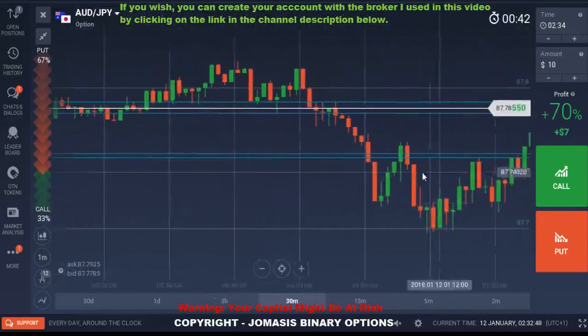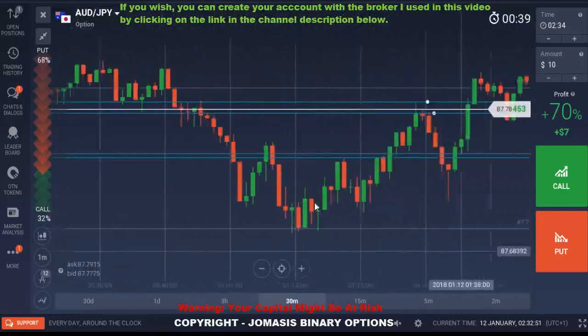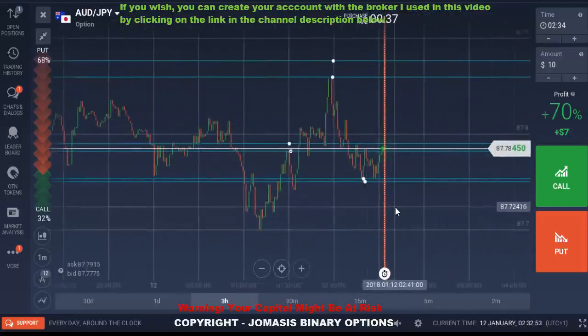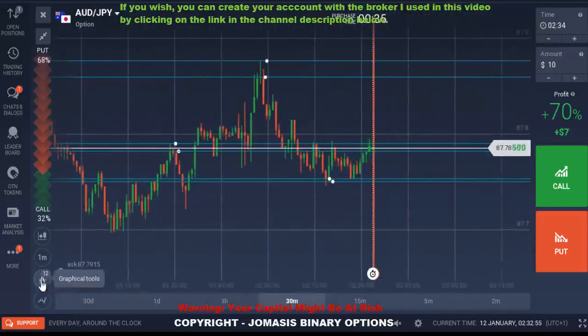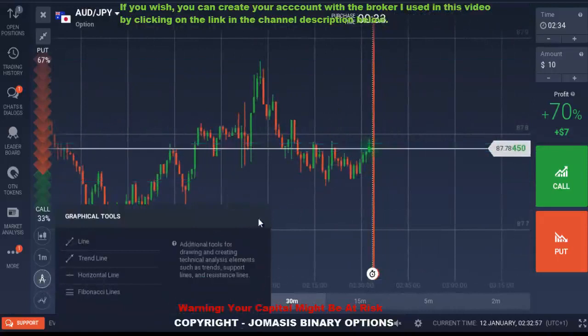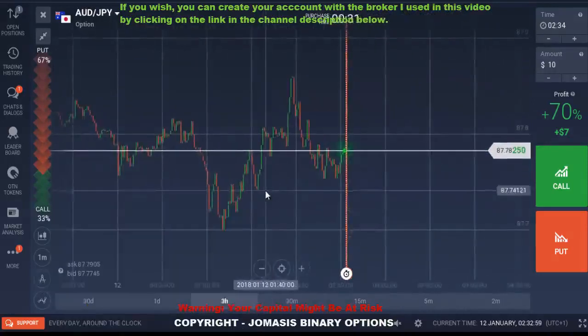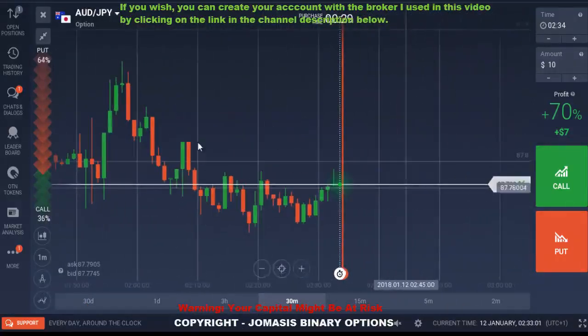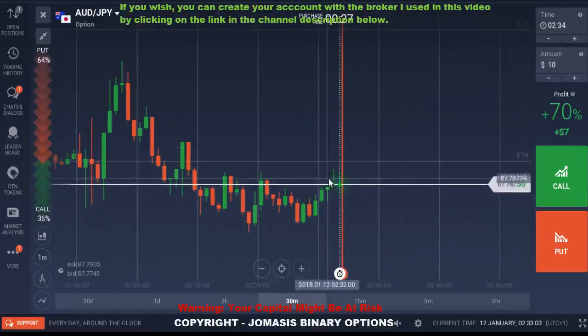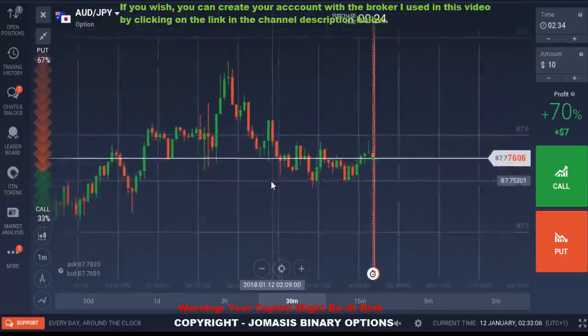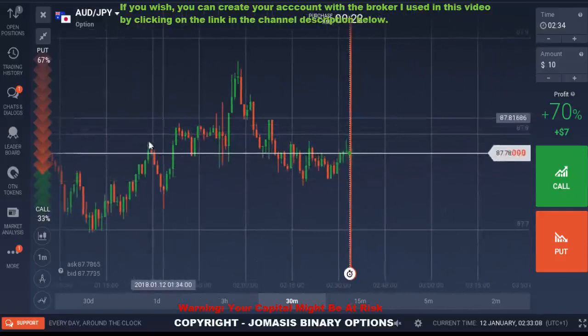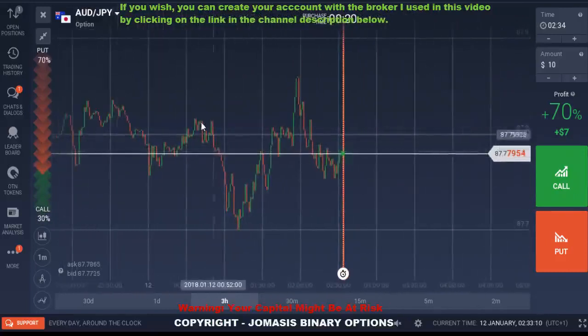So whenever you see areas like this, when the market is coming down, before you start drawing, let me clear everything. Before you start, when you just log in and you are ready to trade and you see a market like this, you only need to come and see the previous support and resistance.